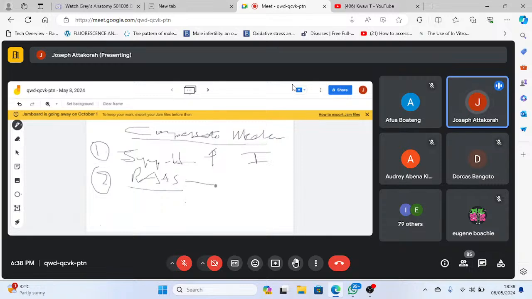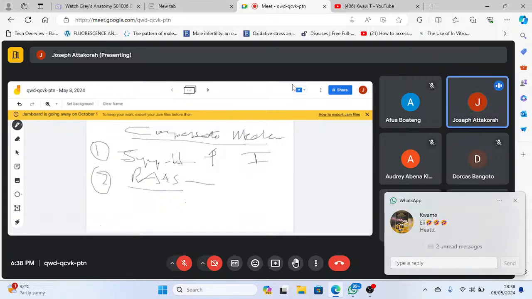Why RAS activation? Because there's reduction of cardiac output. And note this, for a normal heart, 25% of the cardiac output will get into the kidneys.